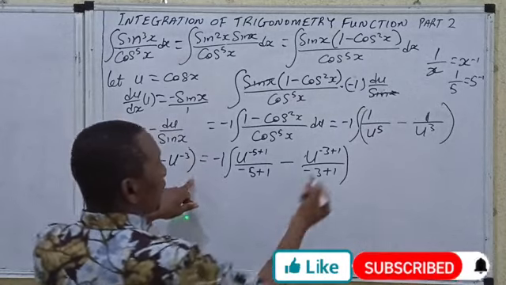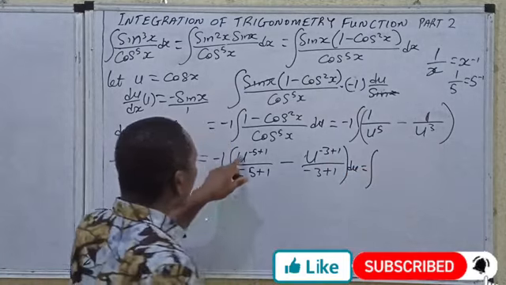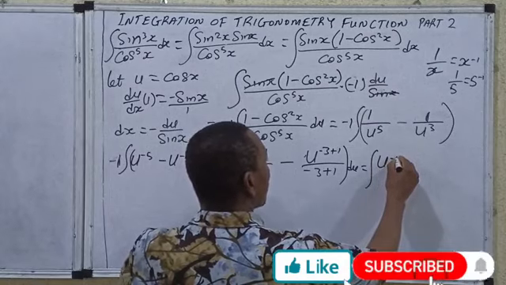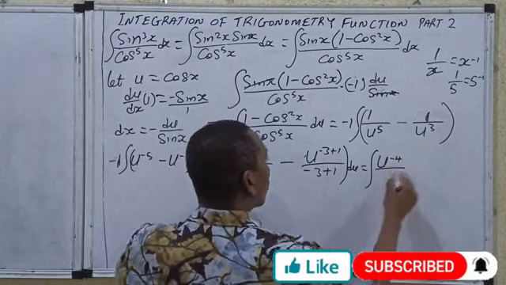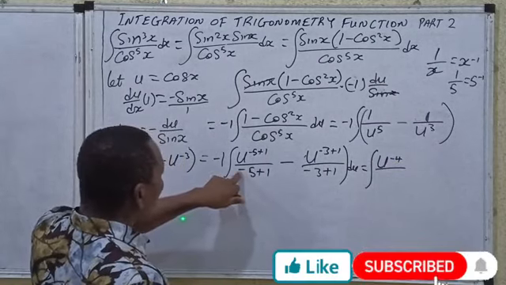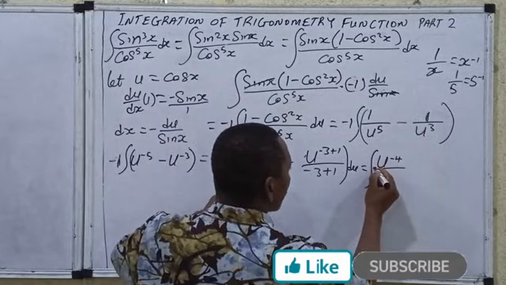As usual, you have to add your du. This will give you u raised to power negative 4 all over, here it is actually negative. Minus 5 plus 1 is negative 4. So let's just put the negative sign here.